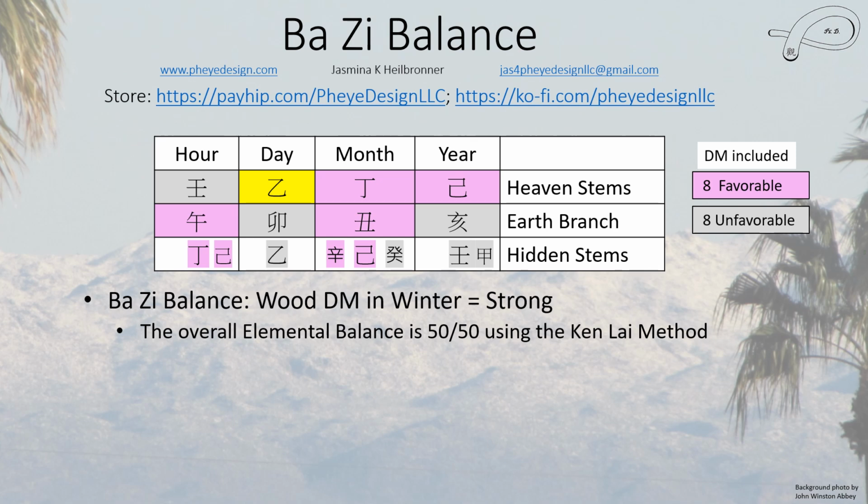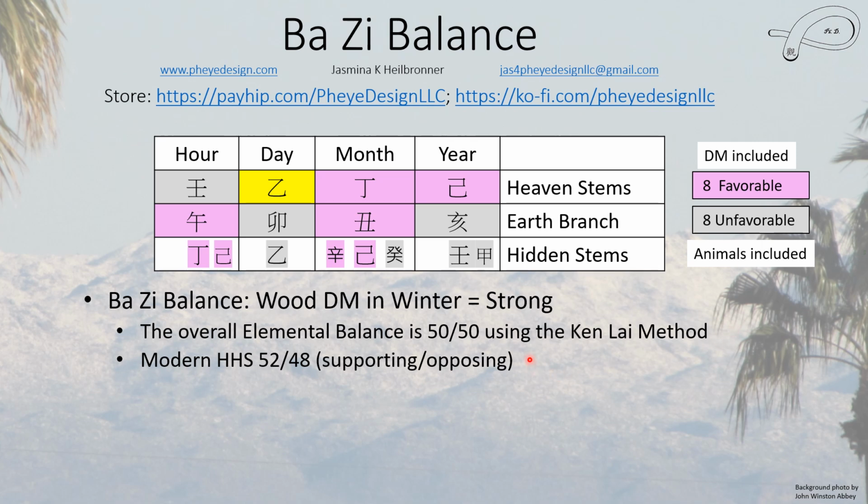And that's true also of the Chinese Metasoft site, but the Chinese Metasoft site does use Kenlai as one of its calculations. And it also uses Joseph Year, but you don't get to choose which one you look at. It seems to be using the Kenlai method for this Bazi balance, the overall chart balance.